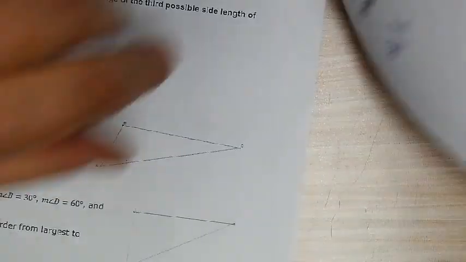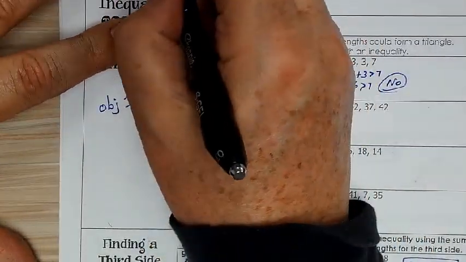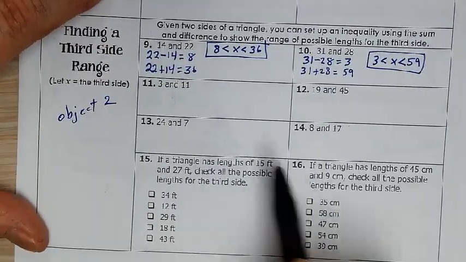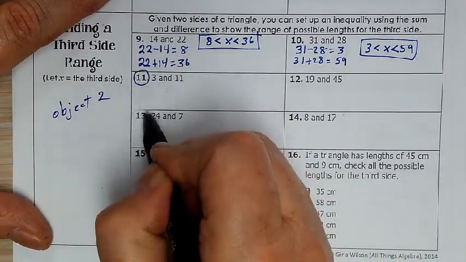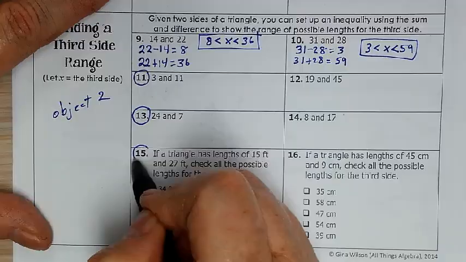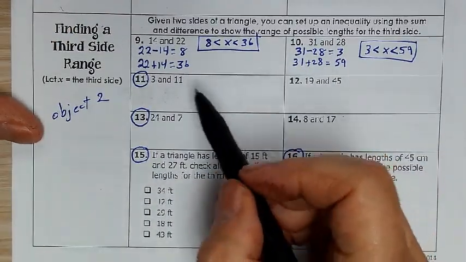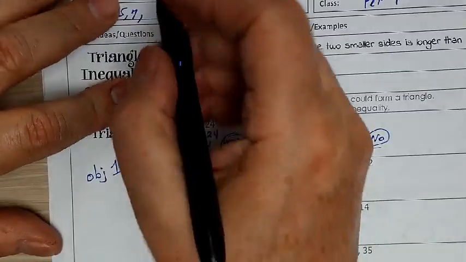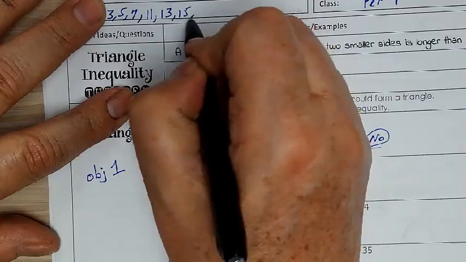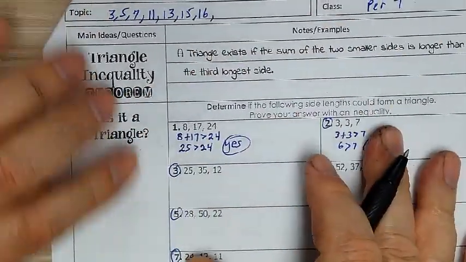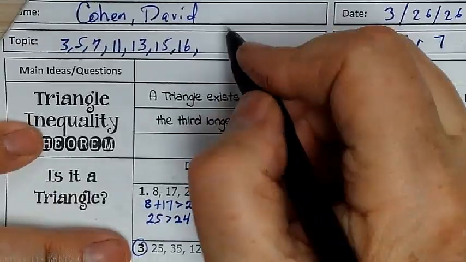For objective 2, please kindly do 11, 13, 15, 16. They take seconds to do. So we put 11, 13, 15, and 16. And then 3 and 5 on the other side.